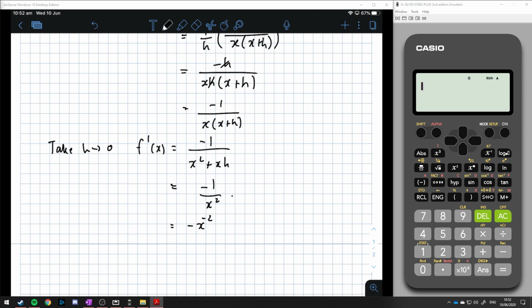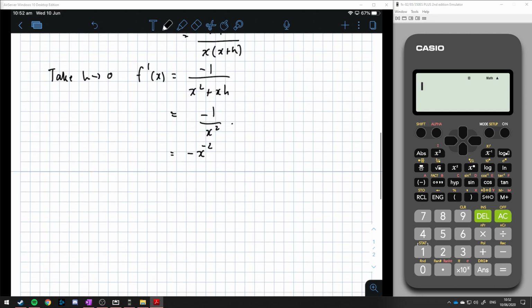So if we were to use the formula, that's the long way, the short way: d/dx of x to the power of -1 is equal to -1 on the outside, x to the power of -1 minus 1, so we get negative x to the -2, which is equal to negative 1 on x squared.